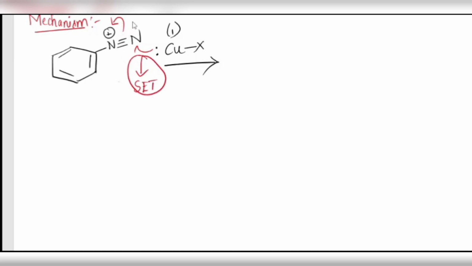Here benzene ring is there as it is, and on nitrogen the positive charge will get nullified, and here I will get double bond, and the lone pair previously present on this particular nitrogen will be there as it is.